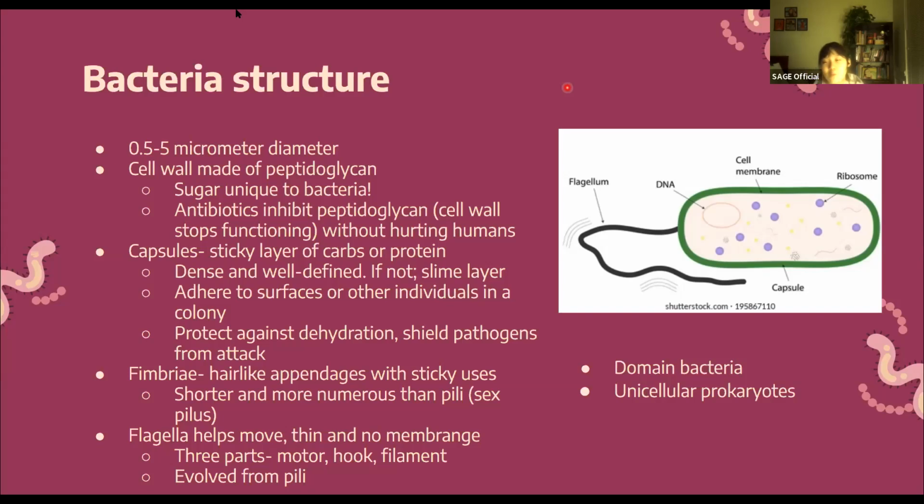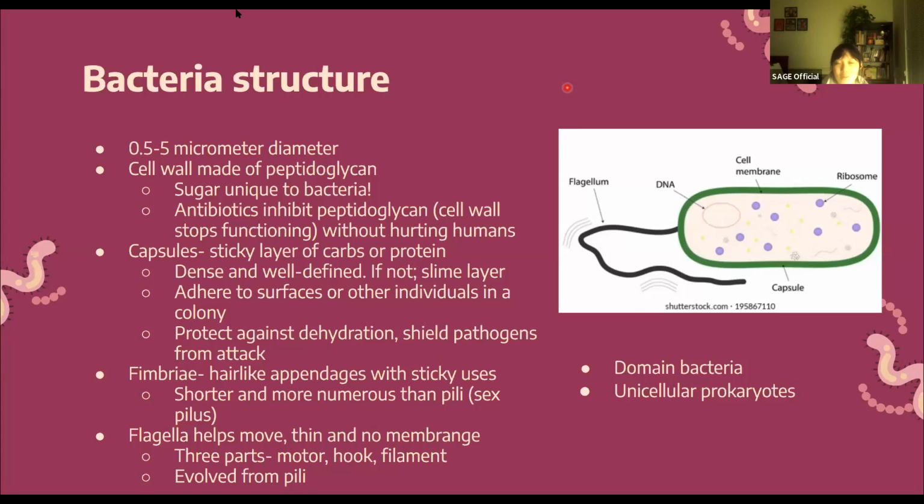They have a cell wall made out of peptidoglycan. Again, it's a protein combined with sugar, and it's unique to bacteria. So when we get bacterial infections, it's really easy to target the peptidoglycan in bacteria without killing our own cells. And so antibiotics are designed to stop peptidoglycan from forming in the bacterial cell wall.